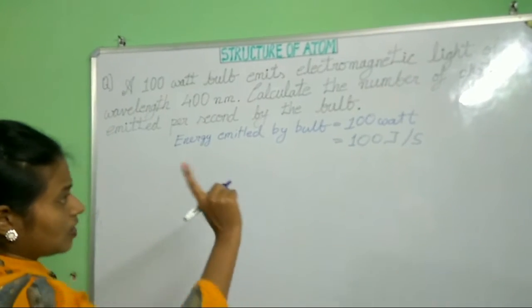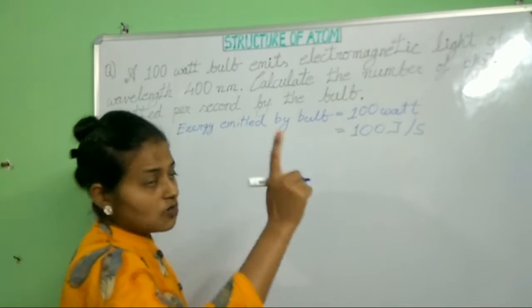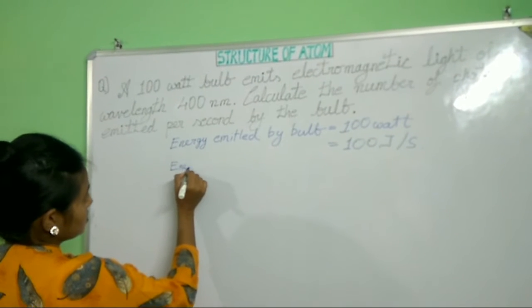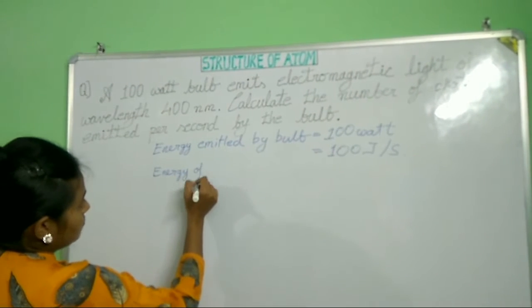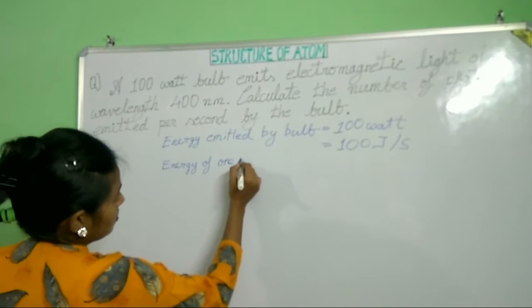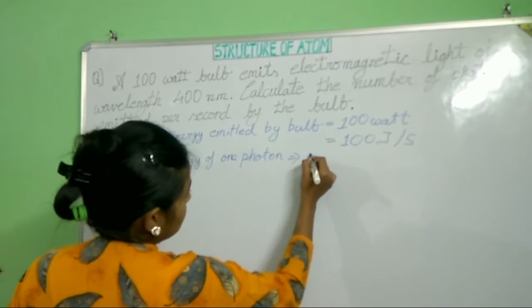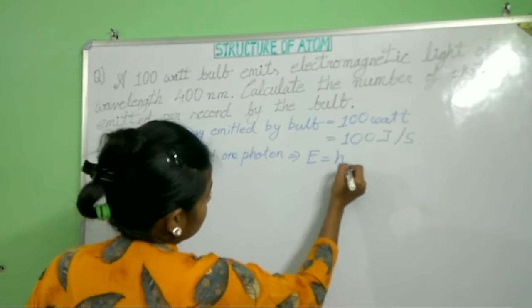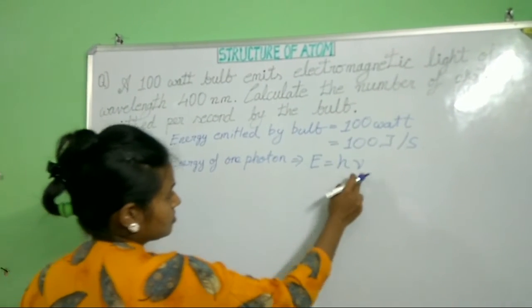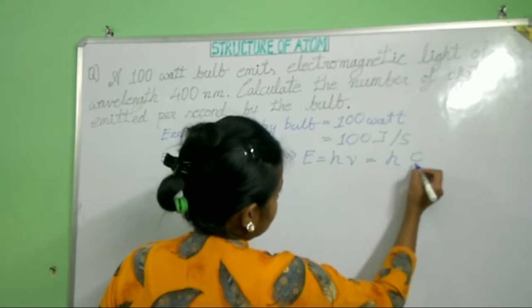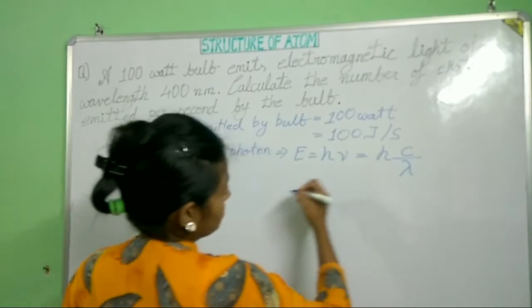Now, according to Planck's theory, what is energy of one photon? Energy of one photon is given by E equal to h nu. Yes, directly proportional to frequency. It can also be written as h times velocity of light, divided by wavelength, right?